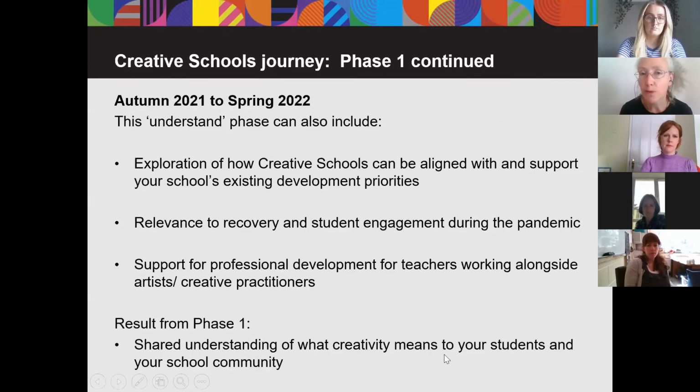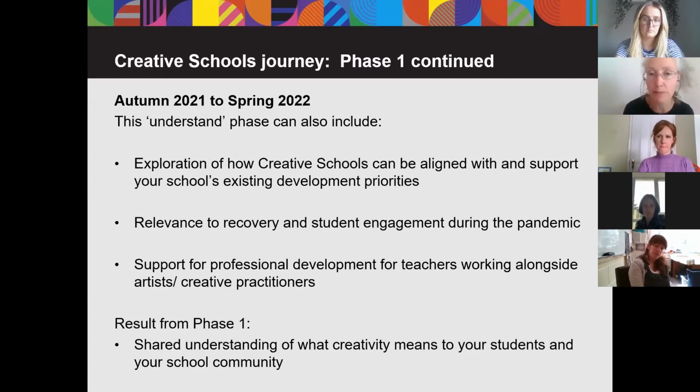This phase one is also very good for your school community to look at how creative schools can be aligned with and support your school's existing development priorities. So you might have major goals or priorities in your particular school that are extremely important to you, and you might be able to explore through this process how creativity may help you deliver on them.